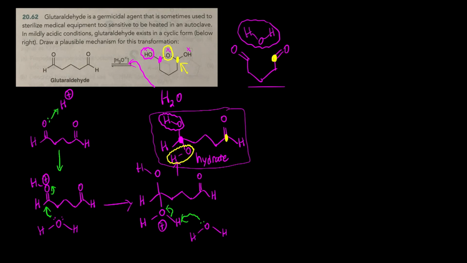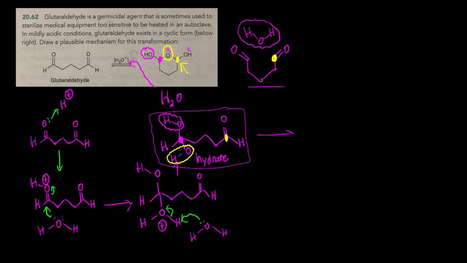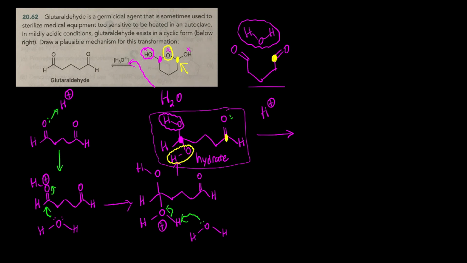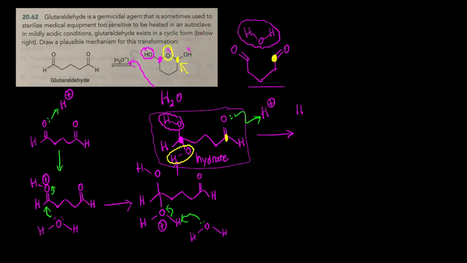Well, I would protonate the aldehyde on the right and then get that circled oxygen to attack it. So let me do that. Again, we'll use H+. Lone pairs are on this carbonyl oxygen, and we'll go ahead and draw the protonated product there.